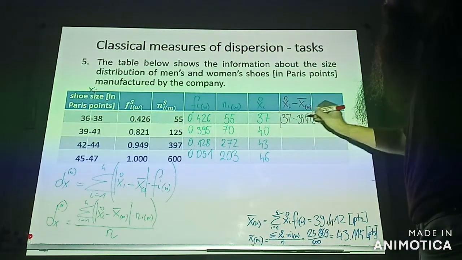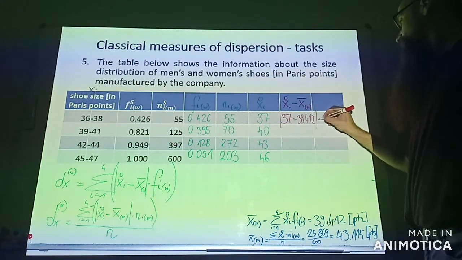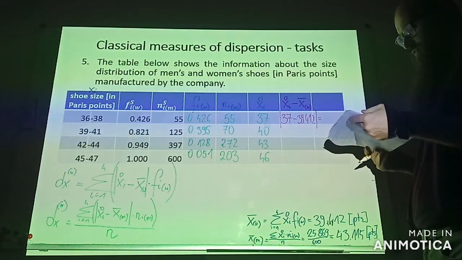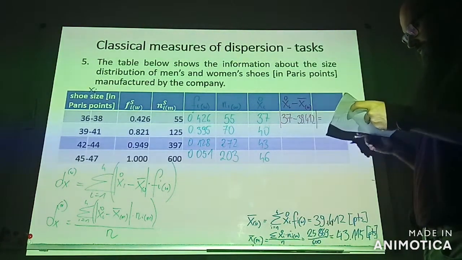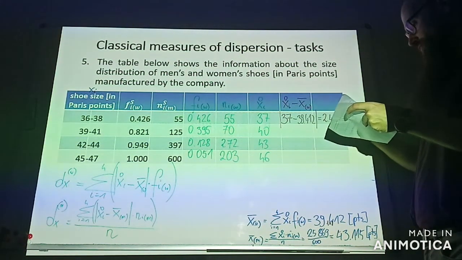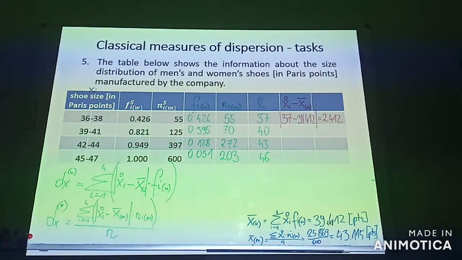And we compute the module of this kind of difference, and it's equal to 2.412. Of course, it's not necessary to have a cheat sheet.